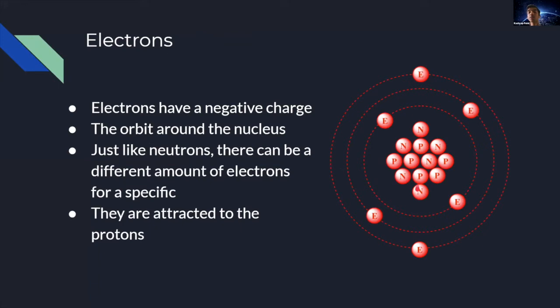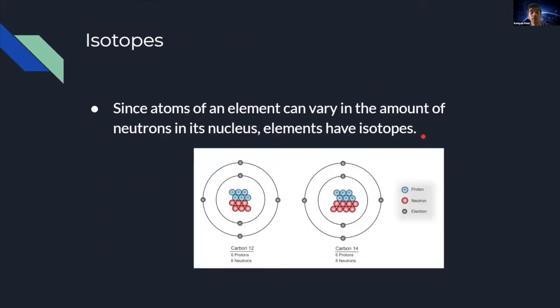So 6 plus 6 is 12. And since electrons barely have any mass, they're basically discounted, so this carbon atom weighs 12 atomic mass units. That atom would be carbon 12. But if we add 2 more neutrons, it would make carbon 14, which weighs 14 atomic mass units.